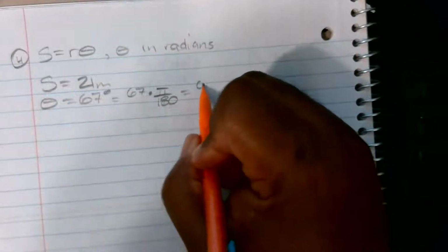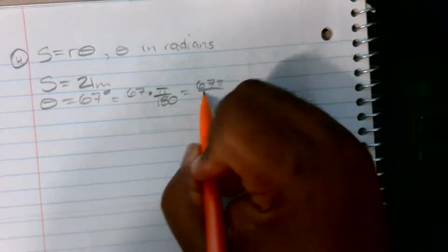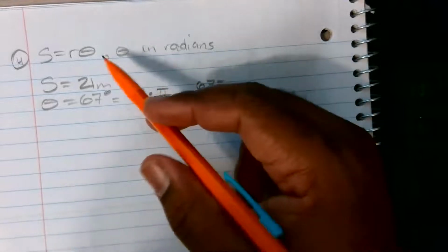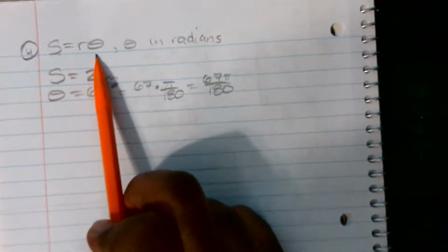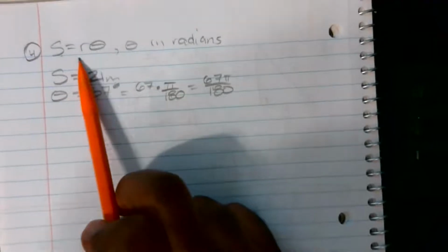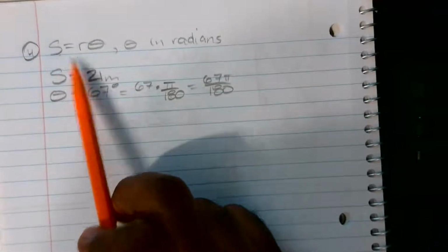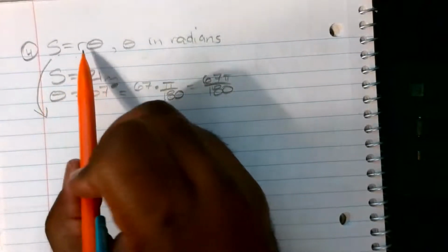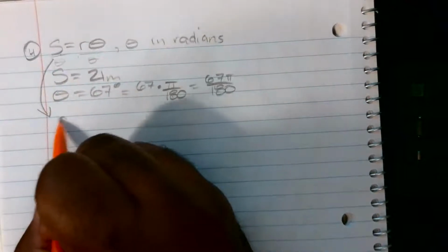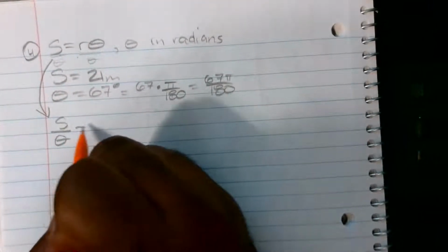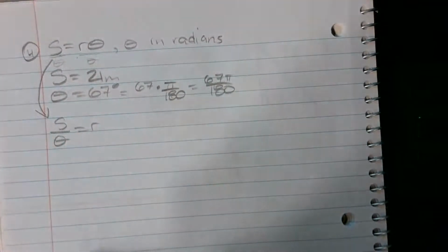So the radian form is just 67 pi over 180. In this case, we have the S and we have the theta. We're trying to find the R. So we divide both sides by theta, and I get S over theta is equal to the radius, which is what they want.